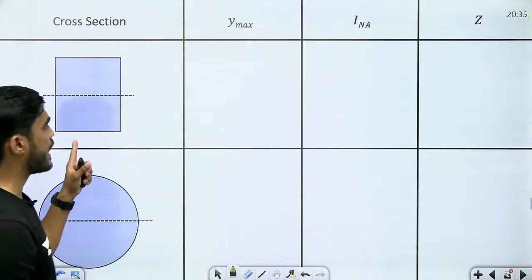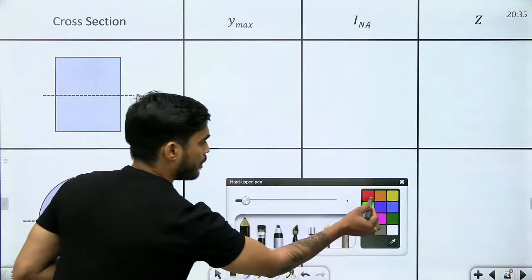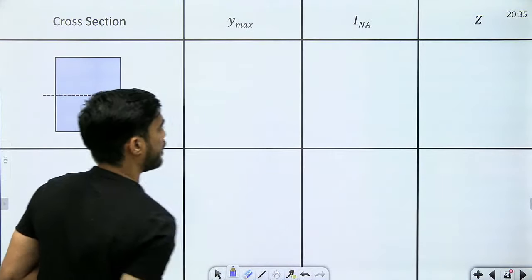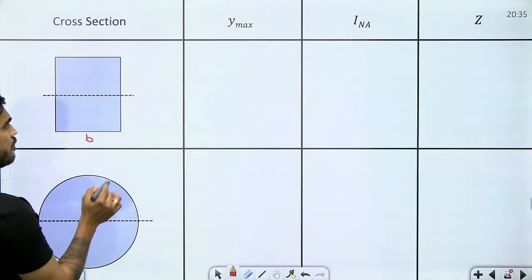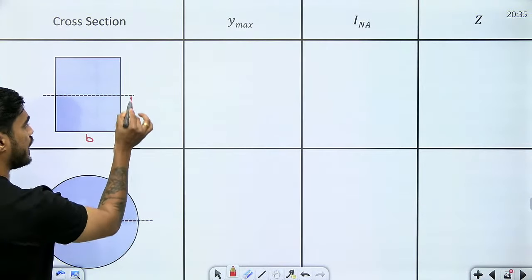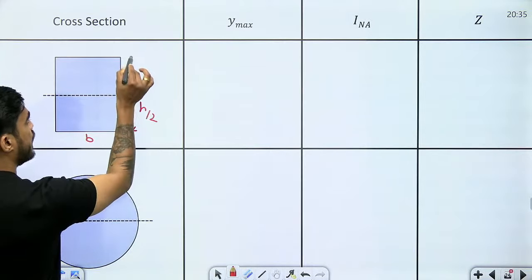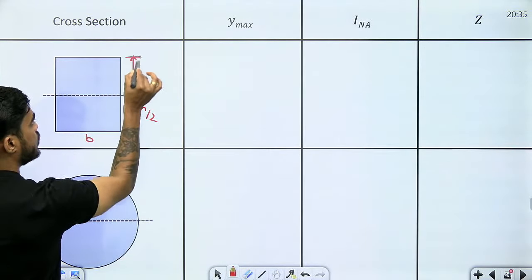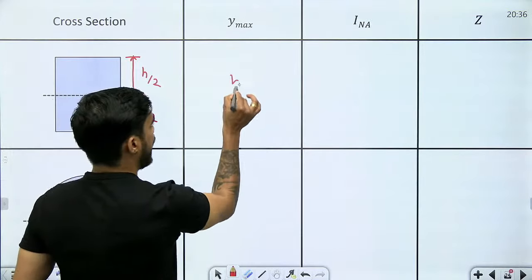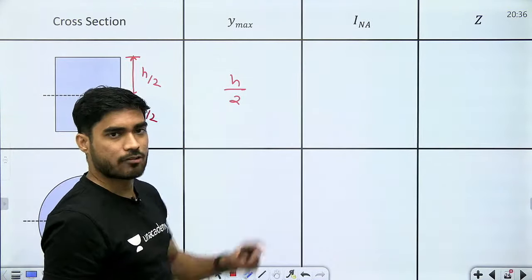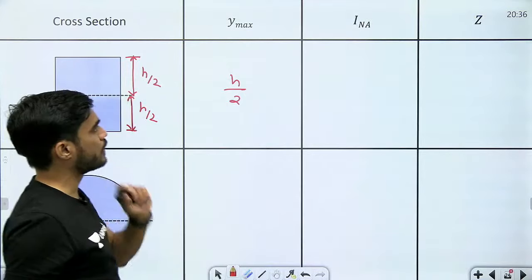Okay, so let's say we have this cross section. Let's say the width is b, and the neutral axis will be at the center. So if the height is h, then this will be h by 2, this will be h by 2. What will be y maximum here? The y maximum will be h by 2. And what is the moment of inertia about the neutral axis?